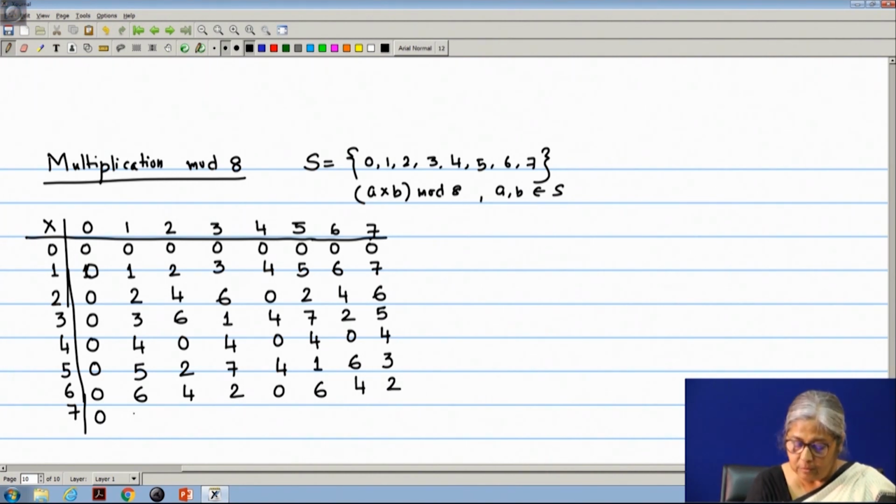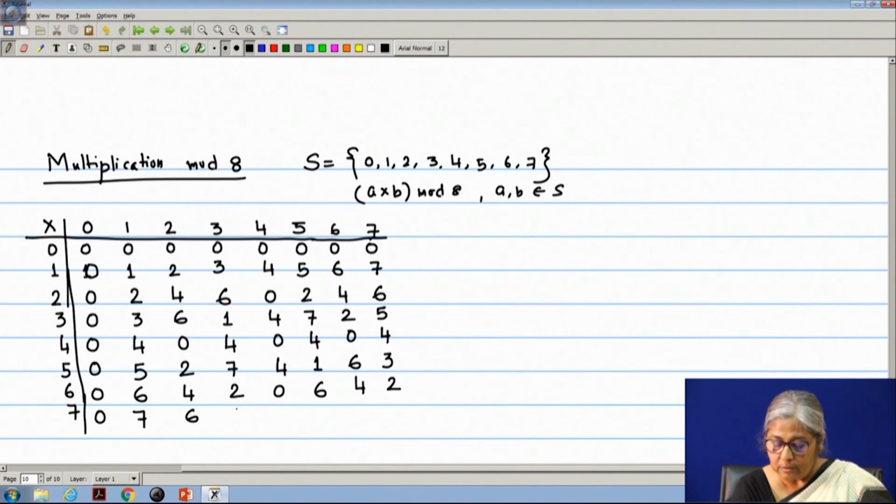For 7: it is 0, 7, 14 gives 6, 21 gives 5, 28 gives 4, 35 gives 3, 7 into 6 is 42 and 42 modulo 8 is 2, and 7 into 7 is 49, and 49 modulo 8 is 1.